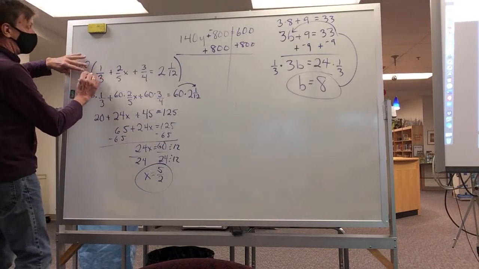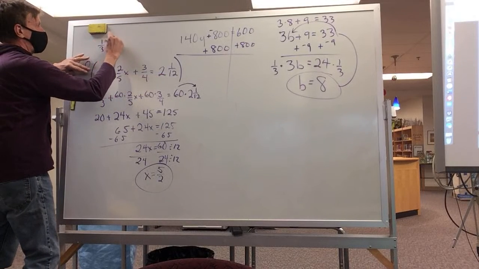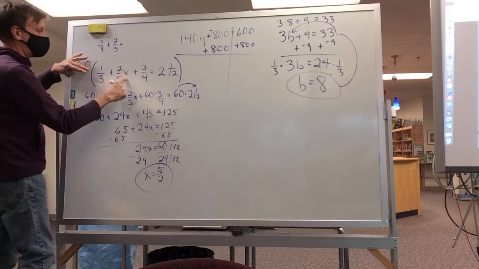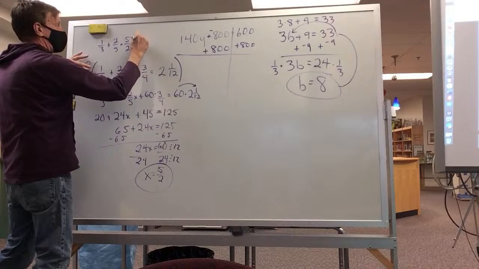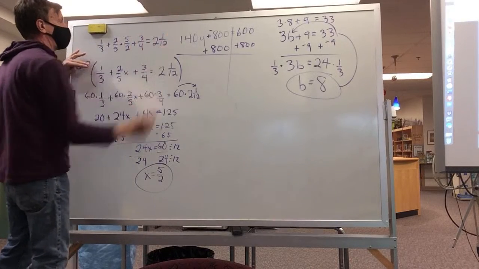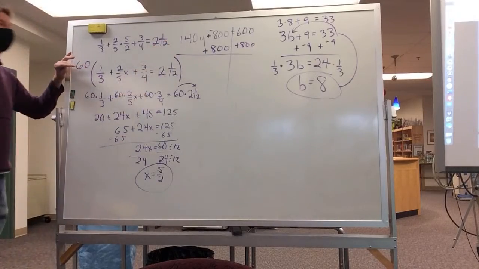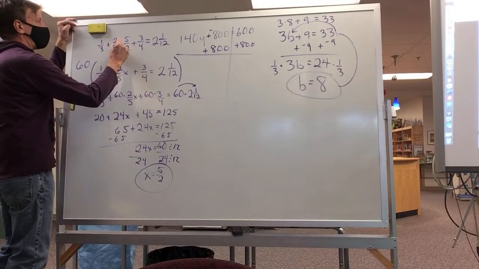So now we're going to use what's in the parentheses, and we're going to ask ourselves, if we put x is equal to 5 halves, is this true? So this one we might not do in our head. But let's do this multiplication first.